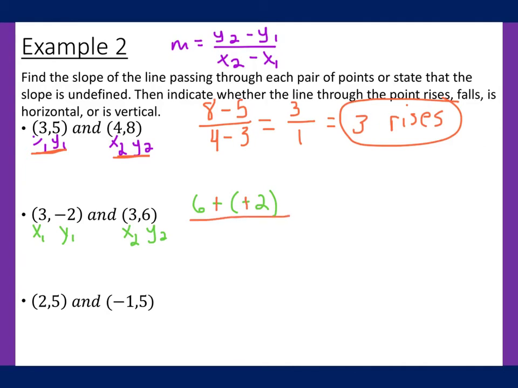On the bottom we do 3 minus 3. So 6 plus 2 on top is 8, 3 minus 3 on the bottom is 0. We are not allowed to divide by 0, so this is undefined. If we look back at our slopes on the previous thing, an undefined slope ends up being a vertical line.